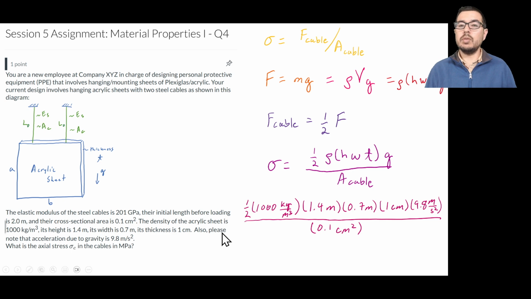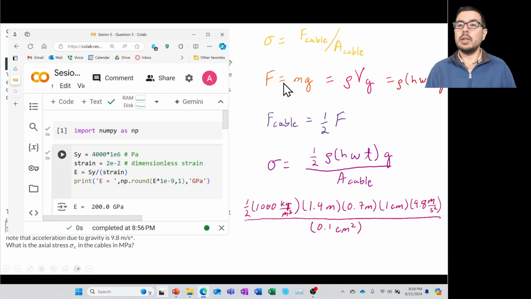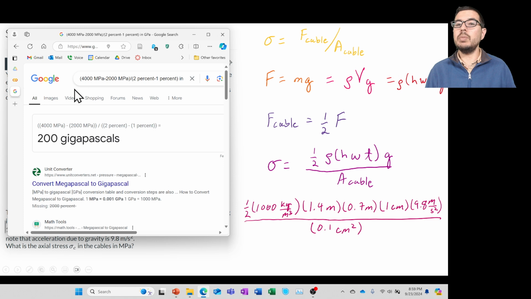So once again, we can use Google to make this problem solving a little bit simpler.